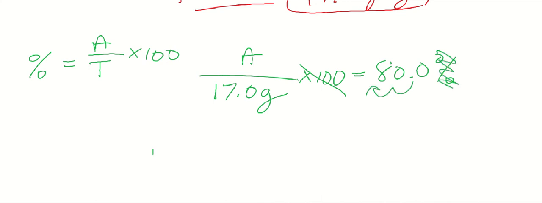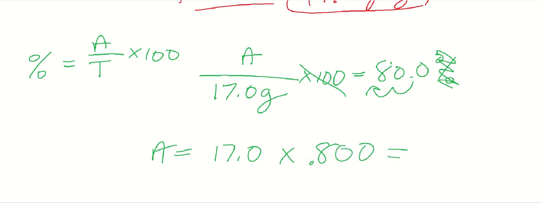So the accepted value is going to be 17.0 times 0.800. Actually, I'm going to use a stored number in my calculator because it's still there, times 0.8.